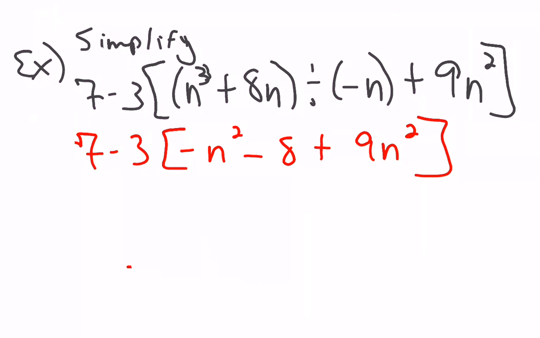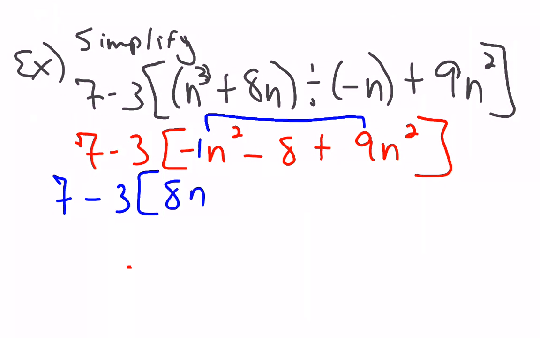So we're still in the brackets, and we have subtraction and addition in the same. We can only combine like terms, but we see that these two are alike. So we have 7 minus 3 times negative 1n squared plus 9n squared. So negative 1 plus 9 gives us 8n squared minus 8.